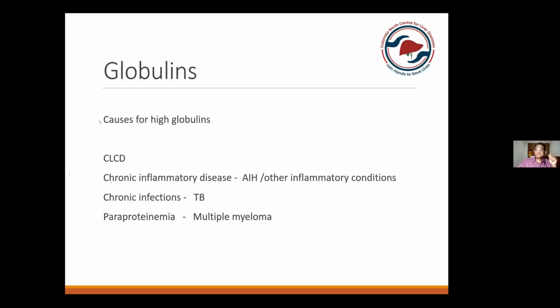So I have discussed ALT, AST, AST-ALT reversal, grossly elevated transaminases, causes for low albumin, causes for albumin globulin ratio reversal, and causes for elevated globulin. For all of them, you have liver related causes and liver unrelated systemic causes.